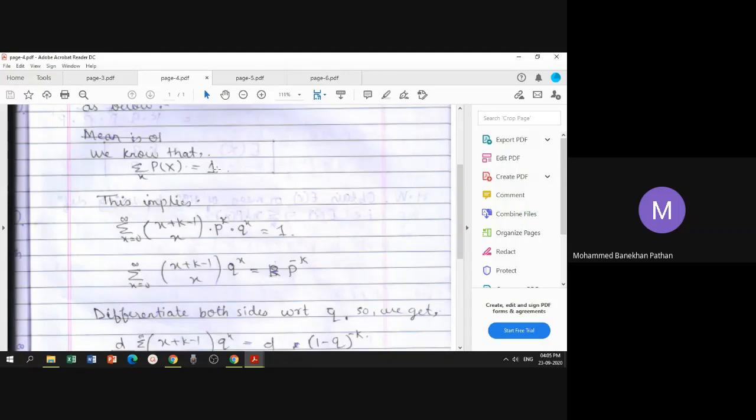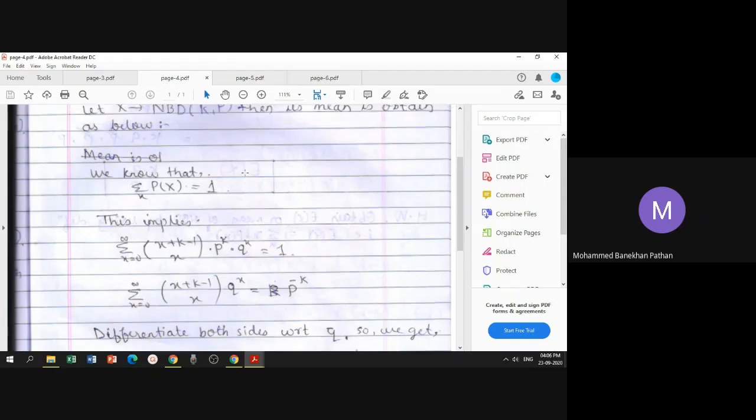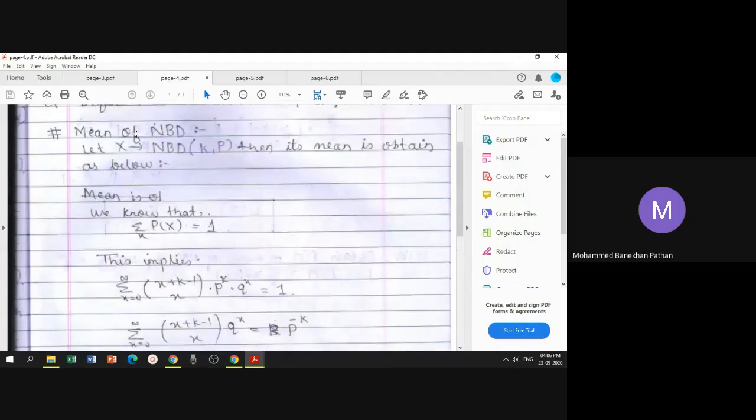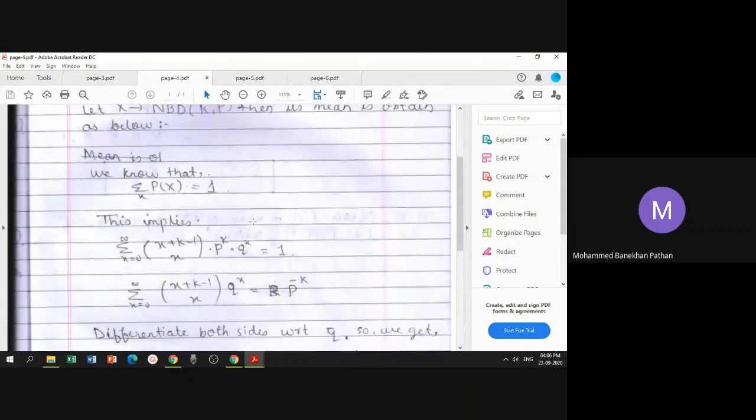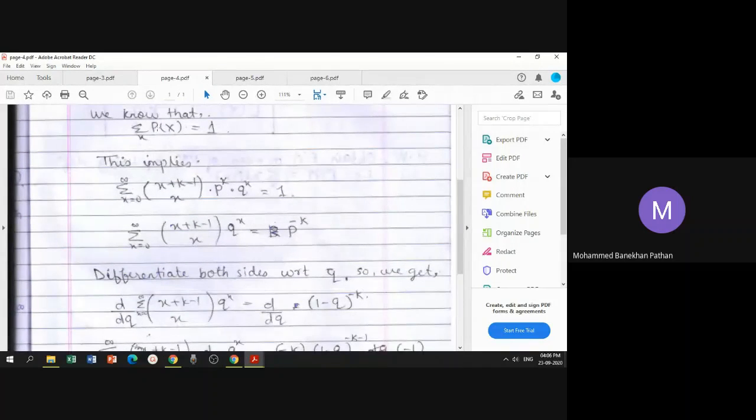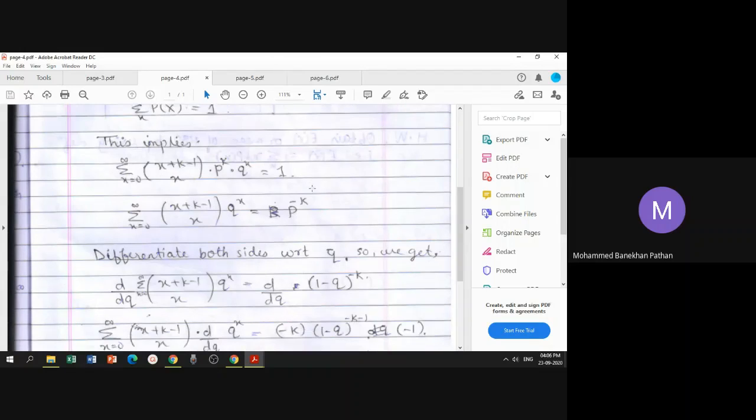Hello? Yes, sir. So as it is a PMF, you can start from this step. This step is for the mean of NBD. Let us check the next line. So this step implies summation x from 0 to infinity. What is the formula of NBD? The formula is x plus k minus 1, choose x, p raised to k, q raised to x, equal to 1. Am I right? Now go ahead, next line.